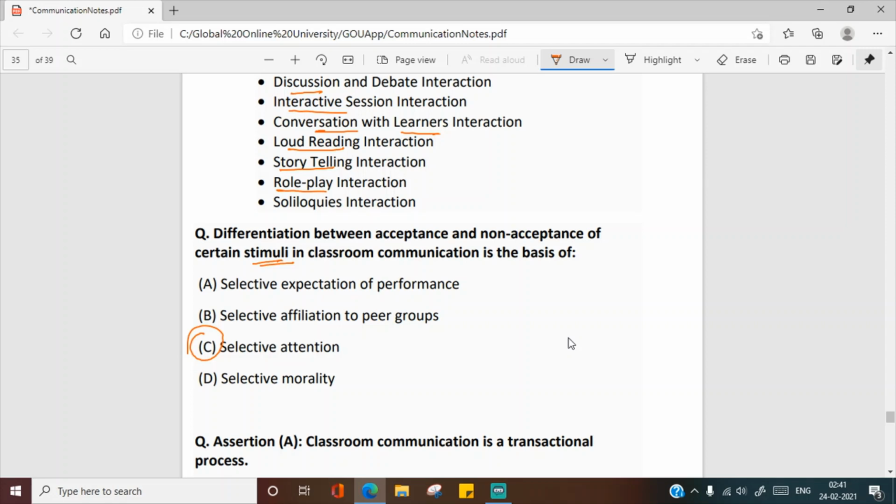For example, if you are talking about visual stimuli, it is the plural of stimulus. So sometimes what happens when a student looks at a film, he might understand something more. So that is visual stimuli. So acceptance and non-acceptance of certain stimuli is selective attention. Right answer is C over here.